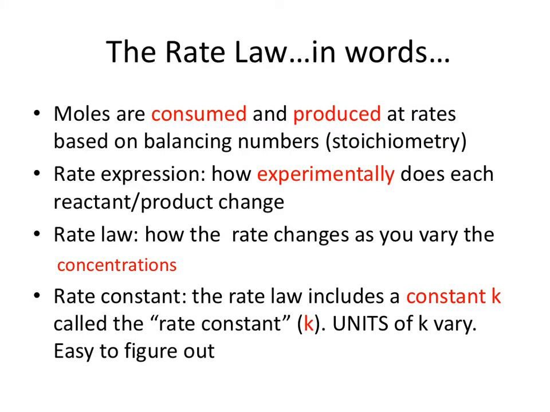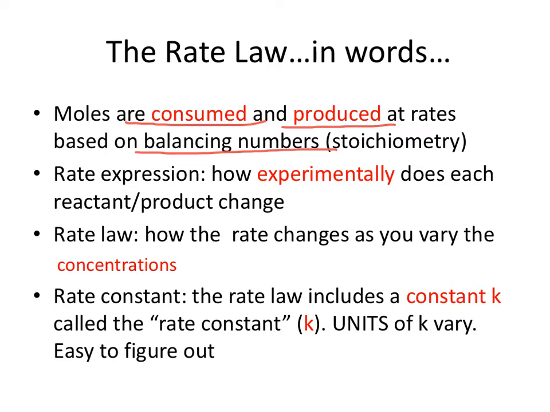So back to a balanced equation. When a chemical reaction is taking place, the moles are going to be consumed or used up and produced. The products will be produced at rates based on the balanced numbers in the equation, the stoichiometric coefficients.